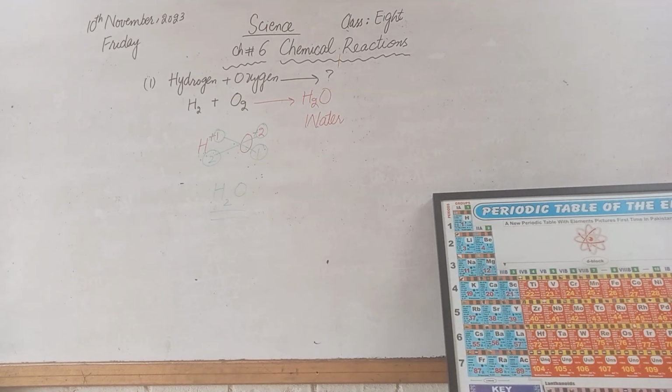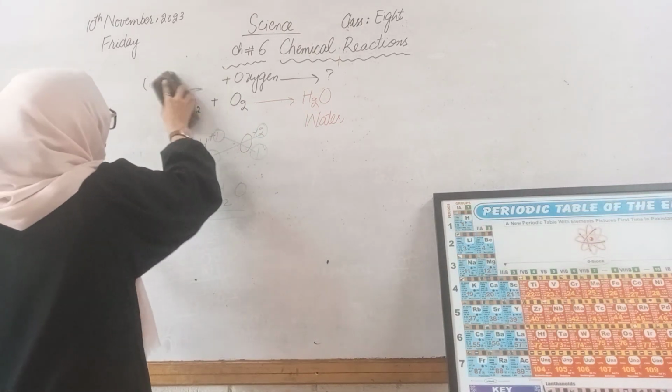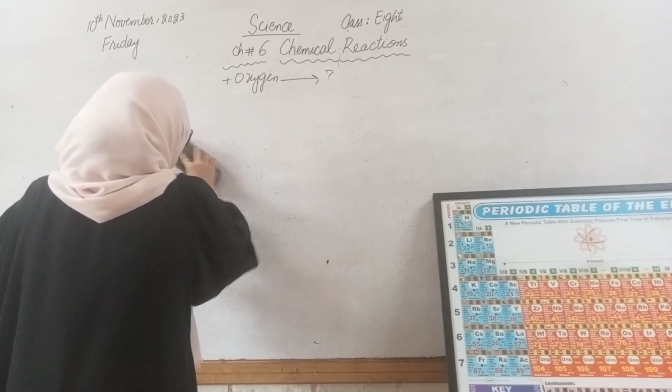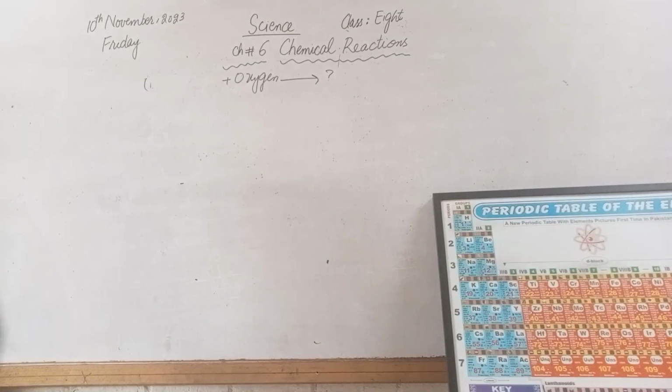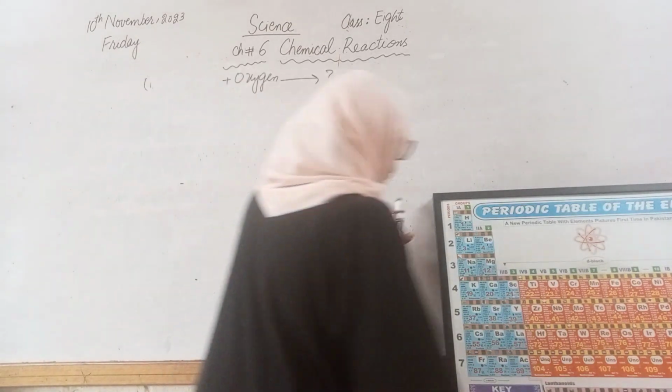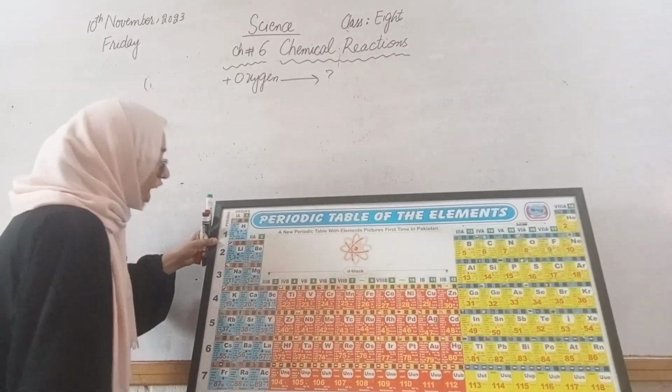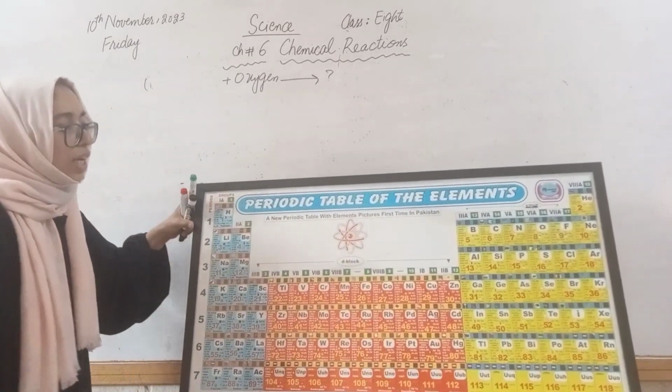Now, we will do the next example between carbon and oxygen. Okay? From the periodic table we can get an idea for the symbol and the charges.